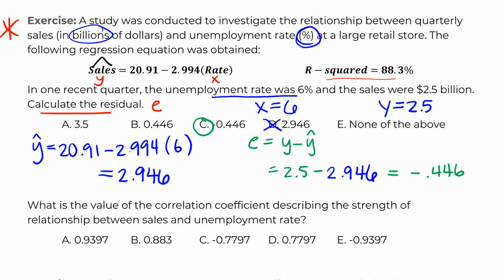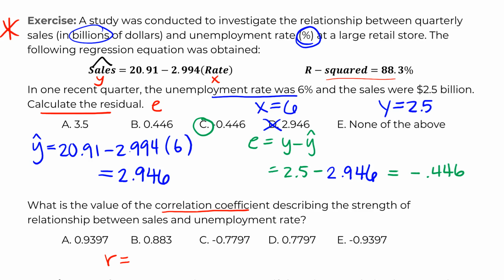So the next question here says, what is the value of the correlation coefficient? We know the correlation coefficient is our R. Now, there were a bunch of crazy ways we could find R. There was a crazy formula on the first page of correlation coefficient. There was a crazy way to do it in the calculator that we did at the end of the correlation coefficient section.